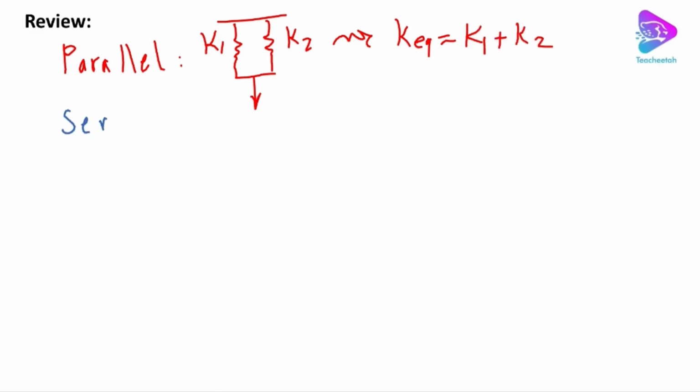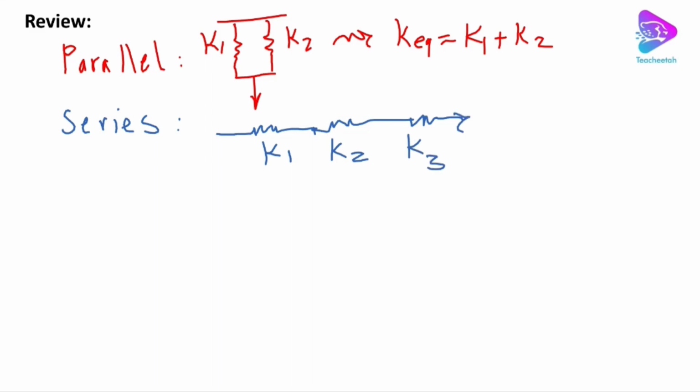When we have a series connection of springs, we have for example 2 springs, or even more, so K1, K2 and K3, and the force is applied to them. Then you can have 1 over K equal to 1 over K1 plus 1 over K2 plus 1 over K3. So you can simplify these fractions and find K equivalent.